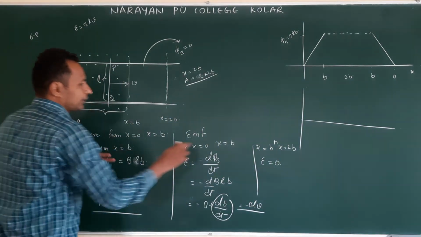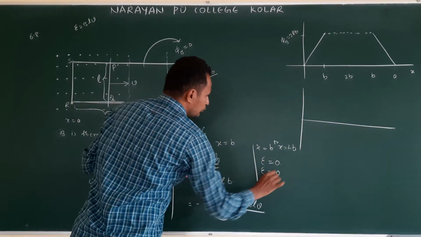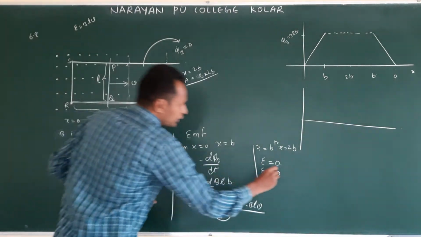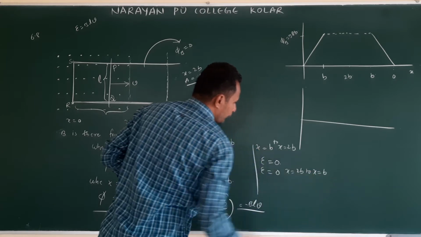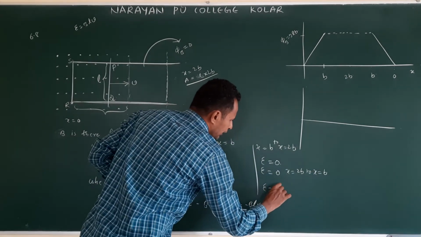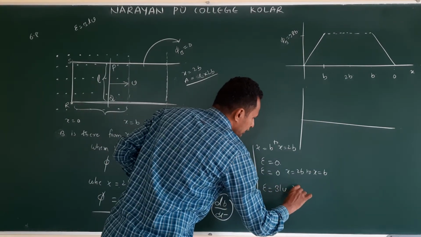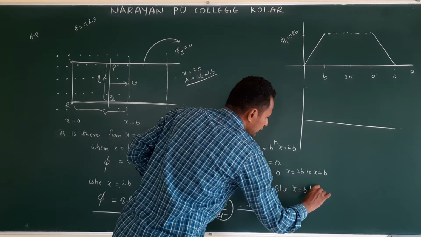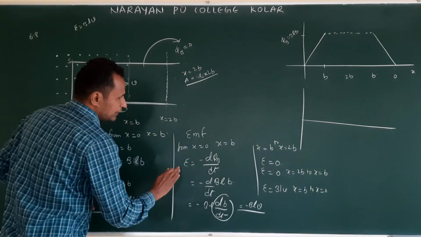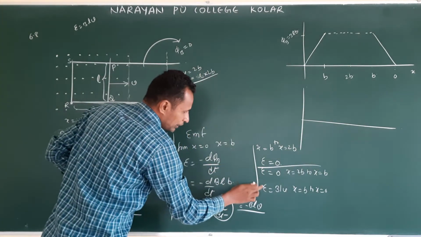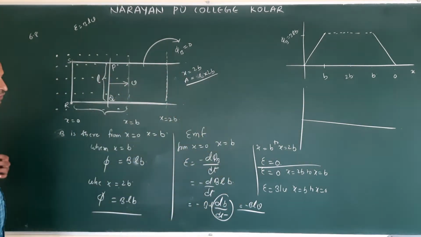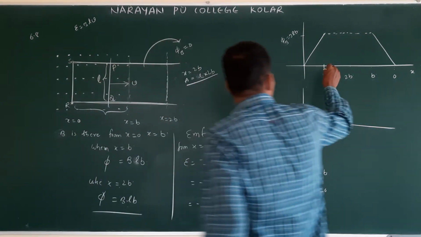Again, coming back, the same region is 0, for x equal to 2b to x equal to b. Next, E is equal to BLV when x is equal to b to x is equal to 0. Up to here is forward and from here to here is backward. Clear?